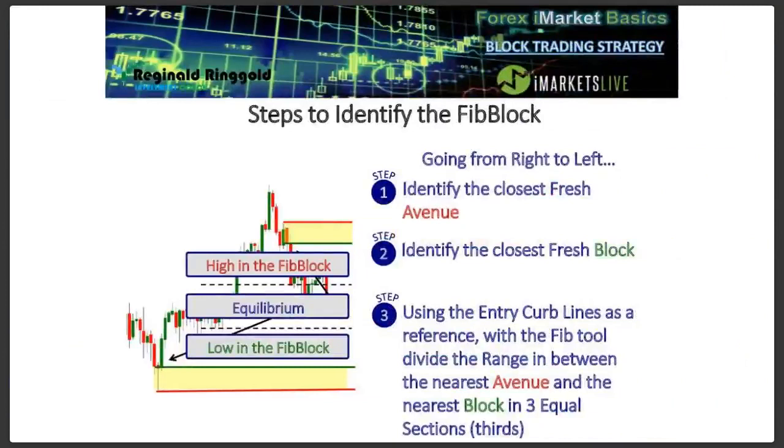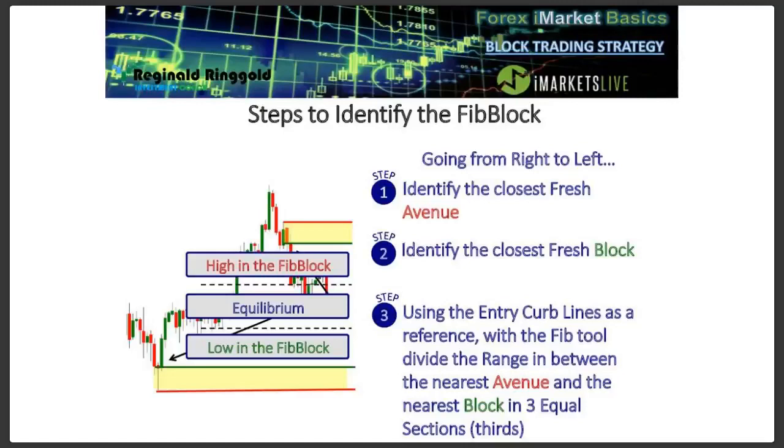So when we go from left to right, we're talking about the lower bid block. We start from the entry curve, or even we'll start from the top. We identify the freshest avenue. We start from the entry curve and you go all the way down to the entry curve on your bid block at the bottom. Once we identify the areas in between, we can set a Fibonacci tool to be able to break it up into thirds.